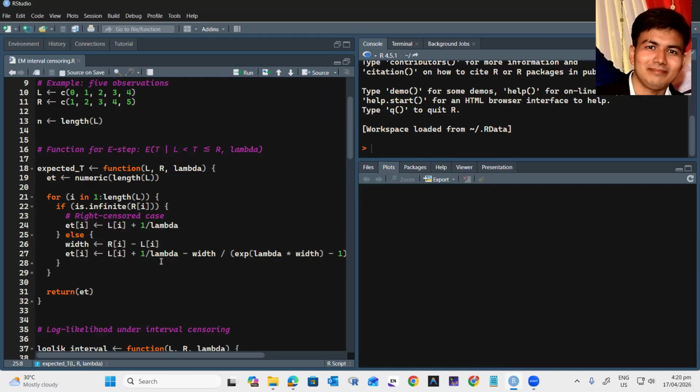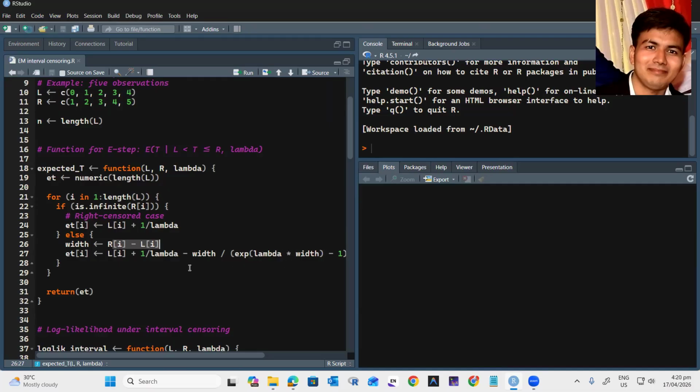So first we compute the width, that is Ri minus Li, and then we put it in the formula, that is et[i] equals Li plus 1 upon lambda minus width divided by e raised to the power lambda times the width of the interval, minus 1.